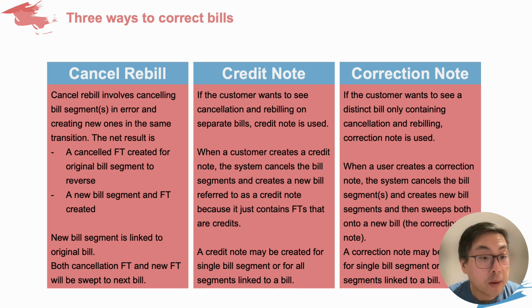Both of these are linked to the original bill, so there's no new bill being created, but the financial transaction of the cancellation and the new FT will be frozen, and it will be swept onto the next bill.